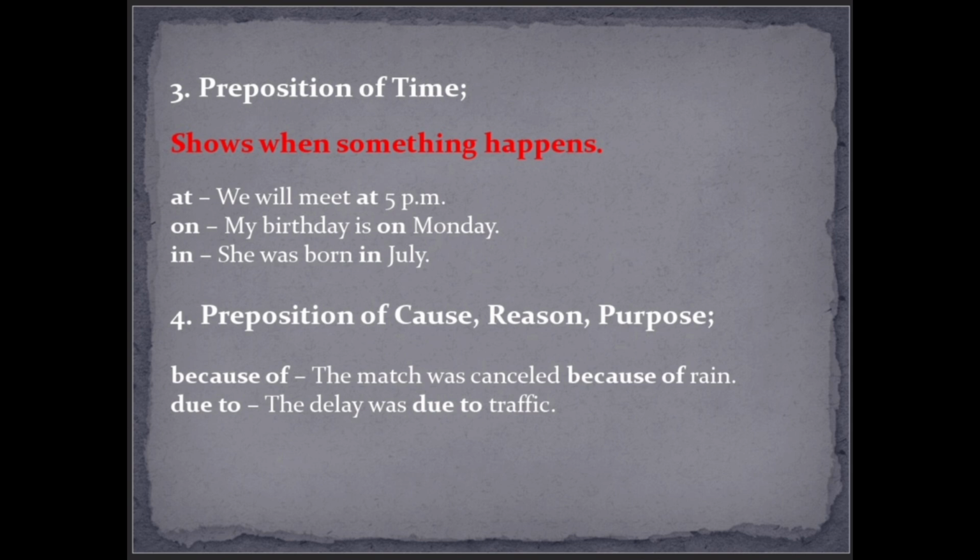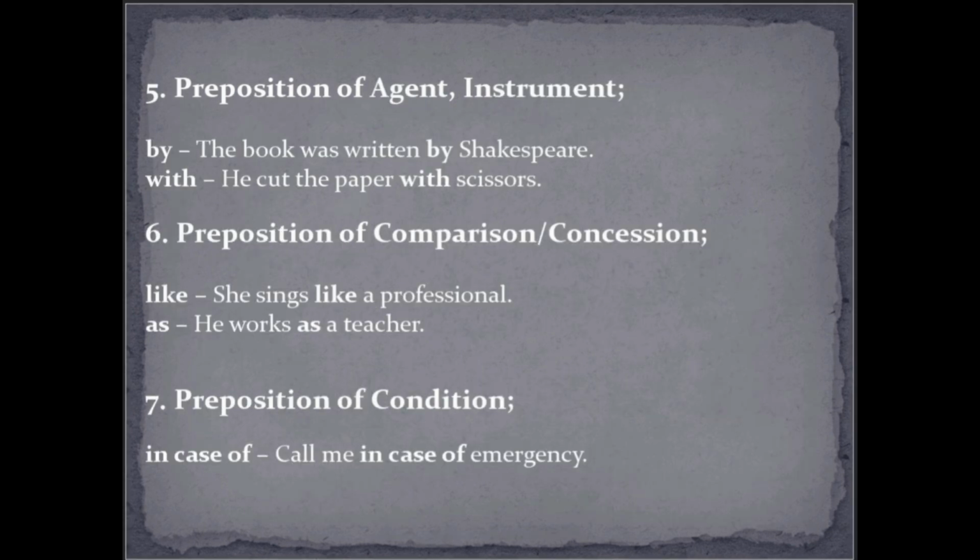When you are expressing that, you are mentioning the reason. So to show that reason, we use prepositions like because of and due to. So whenever we want to express a reason or cause, we use prepositions like because of and due to in our sentence. Okay. The fifth type of preposition is agent and instrument.